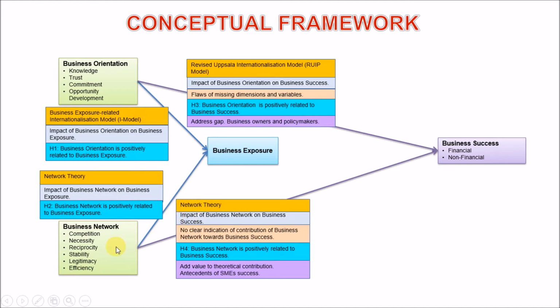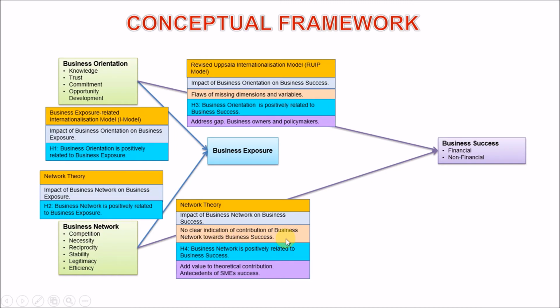Okay, let's come back to the association between business network and business success. Here, network theory is theoretically justified. The impact of business network on business success is empirically justified. And the next one is the problem statement: no clear indication of the contribution of business network towards business success.